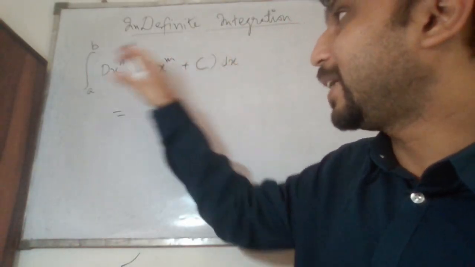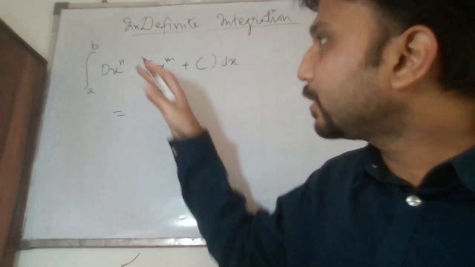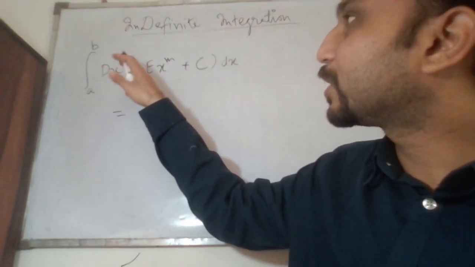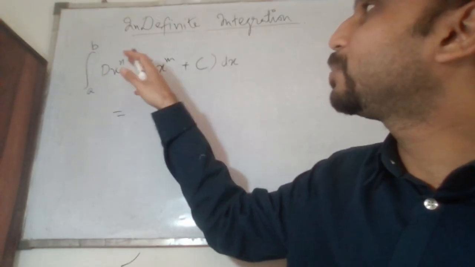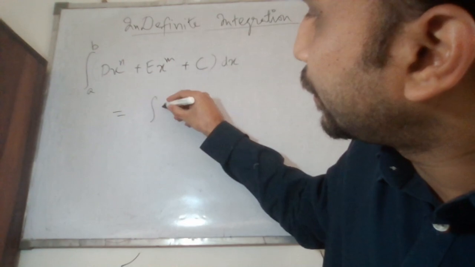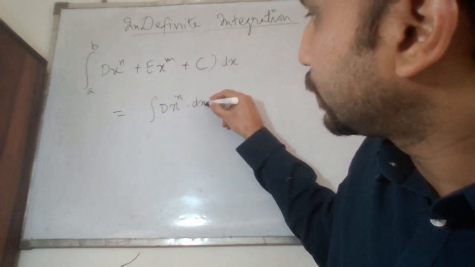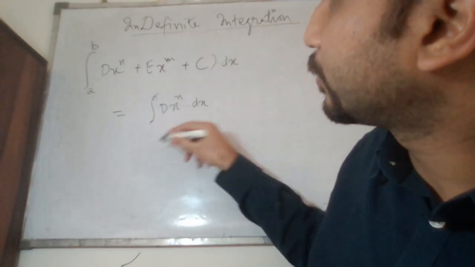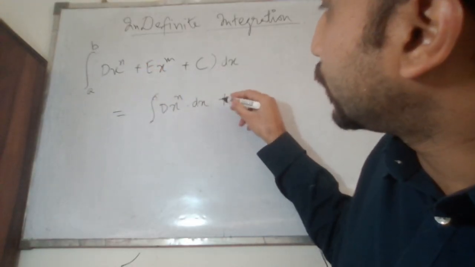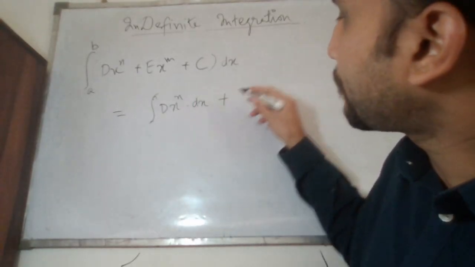While integrating this, take a breath and divide your integration among these positive signs. By which I mean you can integrate dx to the power n like this, then distribute the terms along the positive sign.